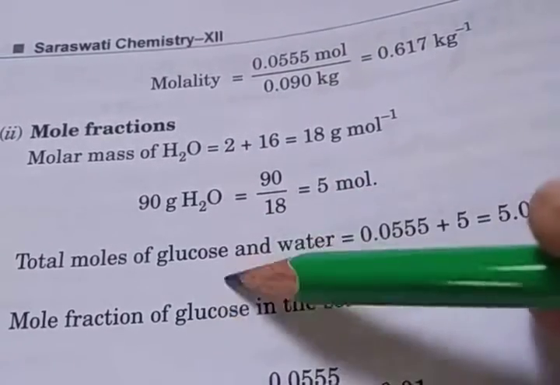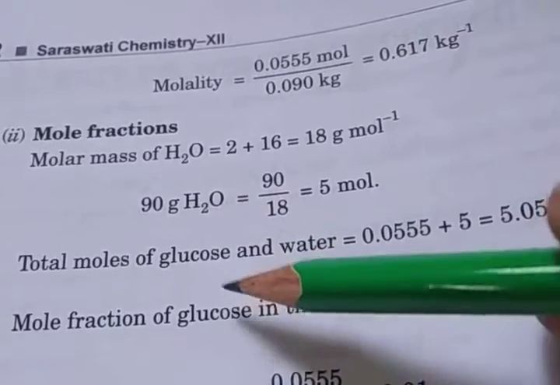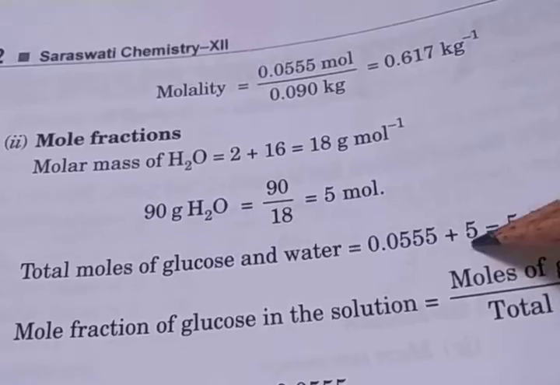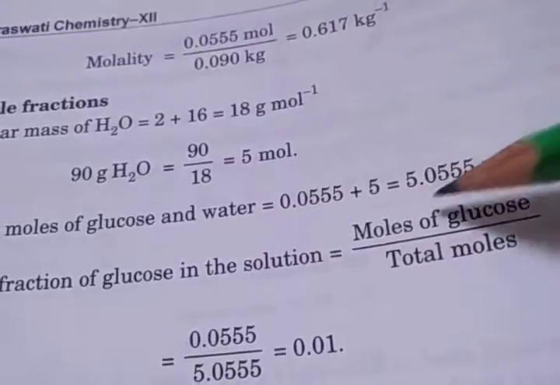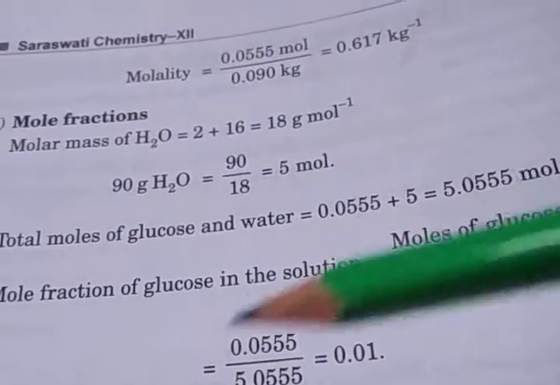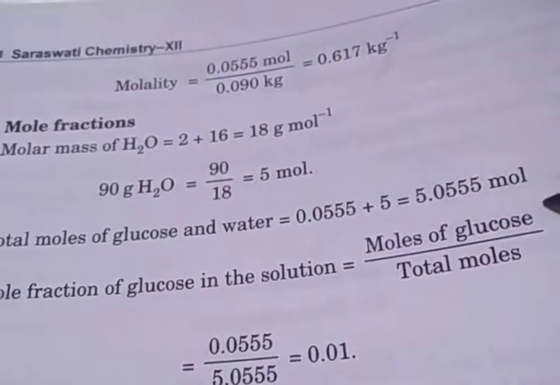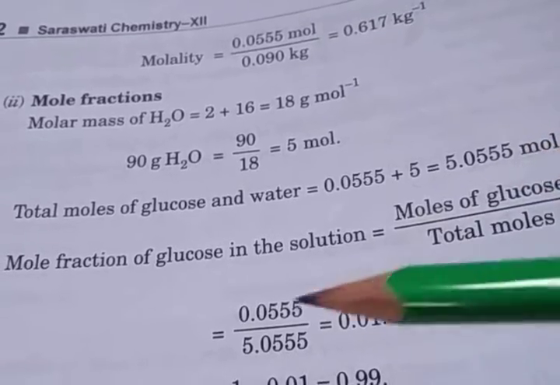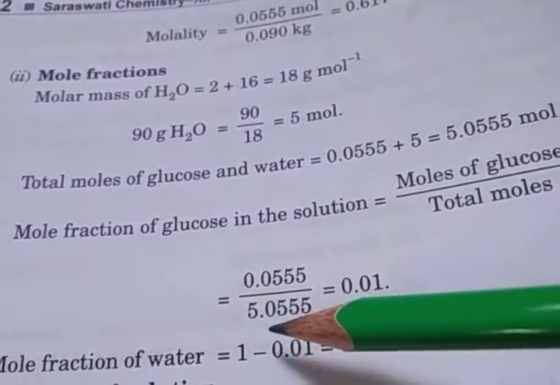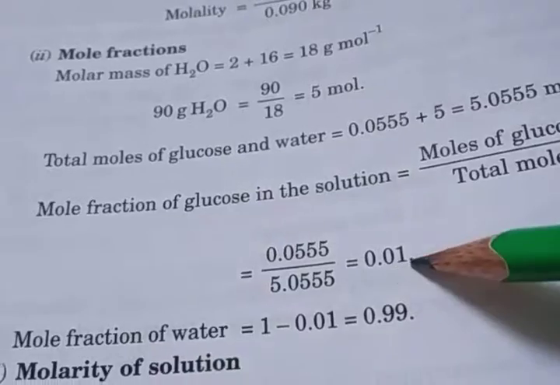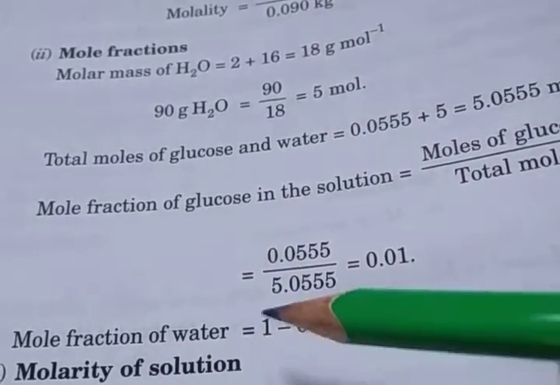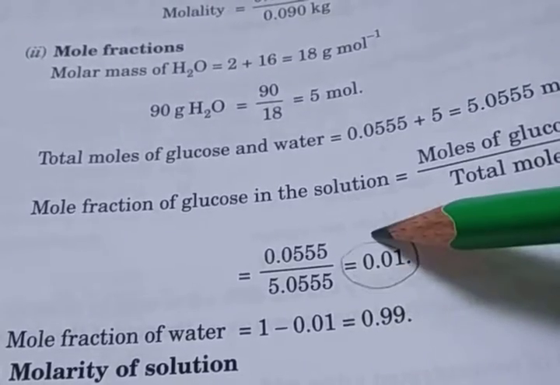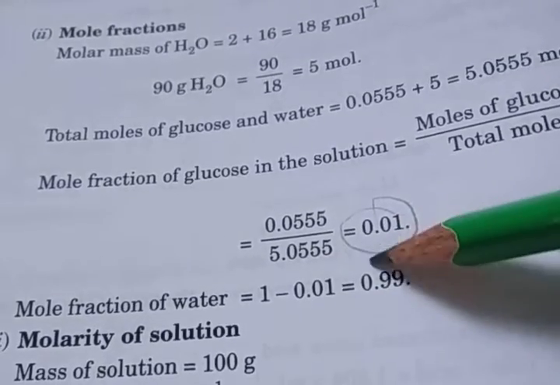Total moles of glucose and water: for glucose 0.0555 and for water 5, so 5.0555 mole. The mole fraction of glucose is moles of glucose divided by total moles, 0.0555 divided by 5.0555, which is equal to 0.01. For the remaining water, 1 minus 0.01 is equal to 0.99. So this is the mole fraction of glucose, and the remaining is the mole fraction of water.